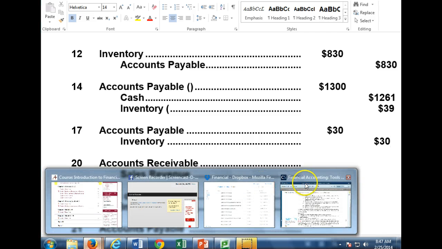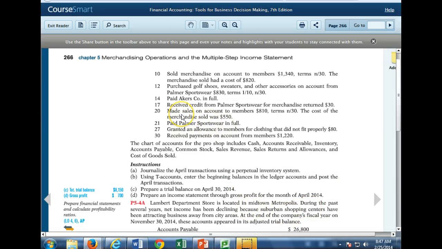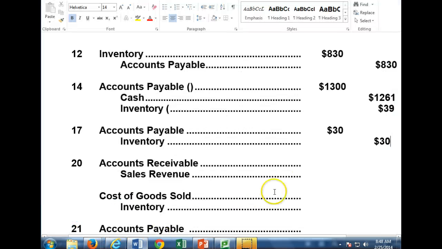Now let's look at the 20th. Made sales on account to members of $810, terms net 30. The cost of the merchandise sold was $550. So what will we show our accounts receivable to be? $810.